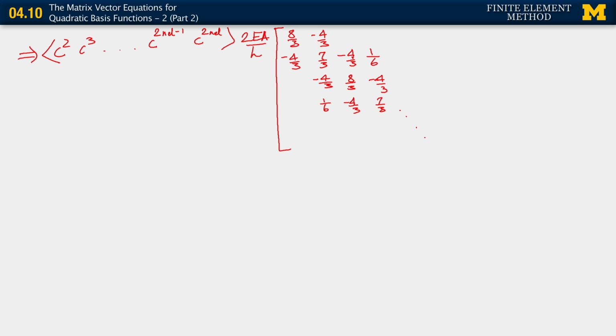Now we come down here and it ends in 7 over 3, minus 4 over 3 in the last element, minus 4 over 3, 8 over 3.